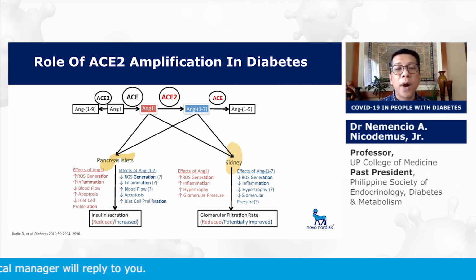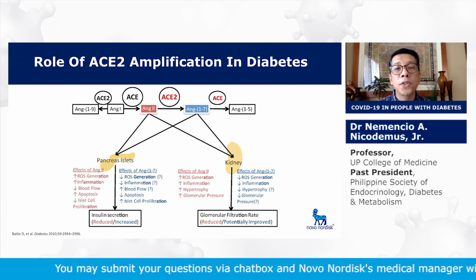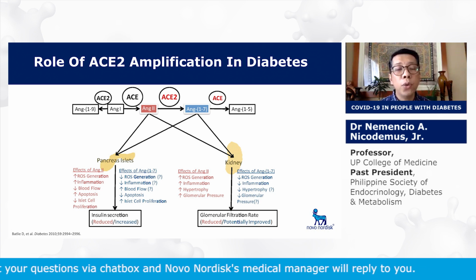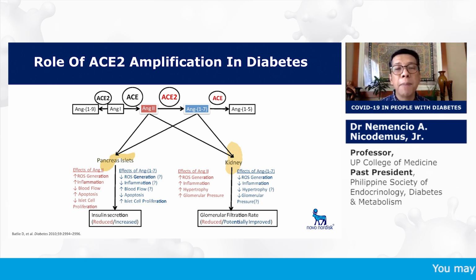And as far as the kidneys are concerned, if you have more of the angiotensin 1 to 7, there is a reduction in the reactive oxygen species, reduction in inflammation, and this also has a beneficial effect on the kidneys of a person with diabetes. And so ACE2 has its role in people with diabetes, and its overexpression serves as a beneficial mechanism in people with type 2 diabetes.